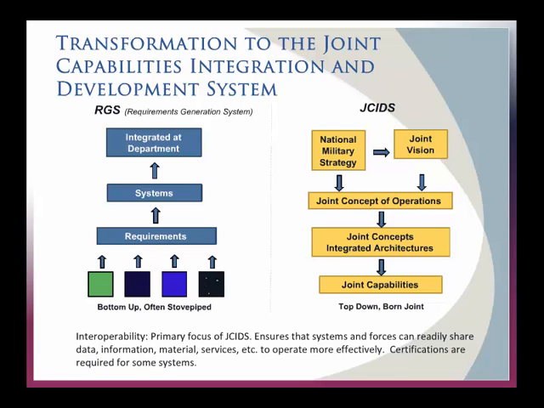The focus on JSIDs is for it to be top down instead of bottom up. It's driven by joint military strategy. You'll find that when you want to start a program, you're basing it on strategic documentation. You have to start joint. You have to be looking at what the other services are doing. You've got to plug into joint architectures.